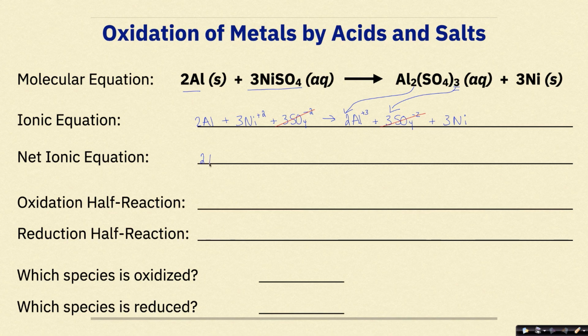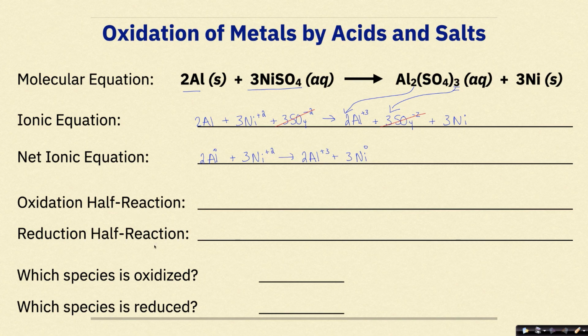So 2Al0 plus 3Ni plus 2 yields 2Al plus 3 plus 3Ni0. Fantastic.